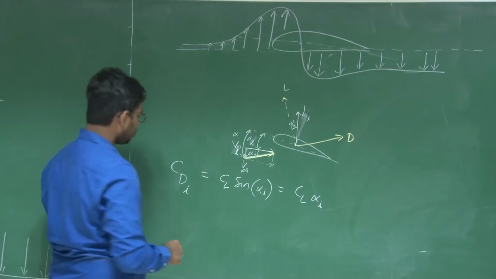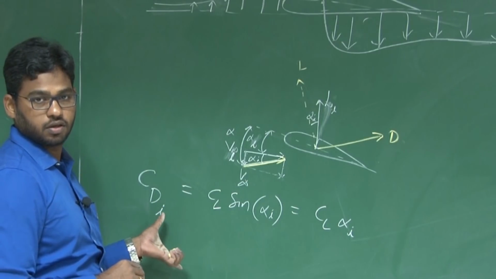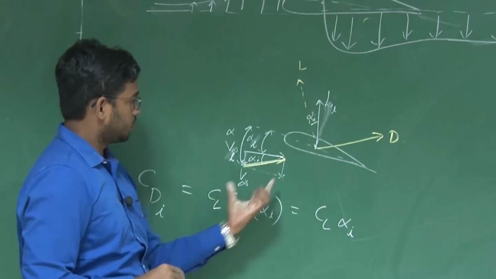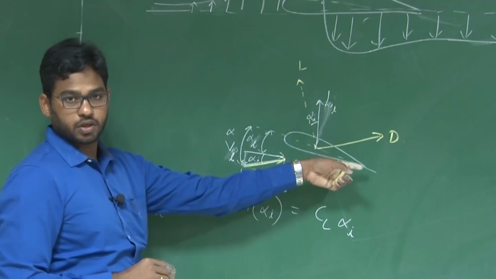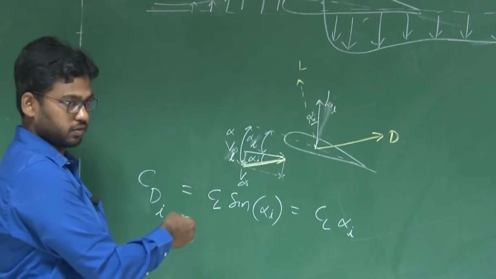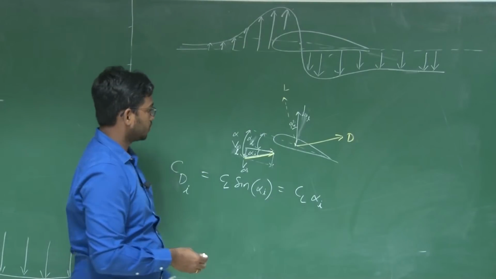Okay? Induced angle of attack is contributing to induced drag, right? So the lift generated here is also contributing towards drag, right? This is the penalty that we are paying, that we'll discuss very soon. CDI is equal to CL into alpha I, right?